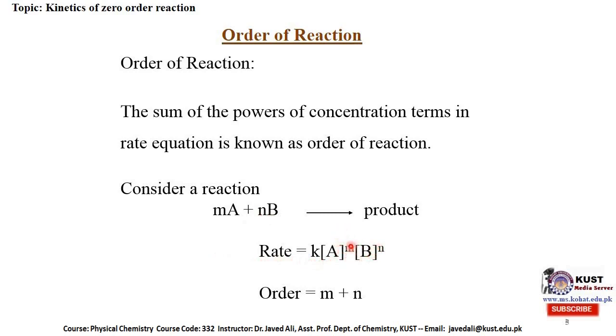So m represents the order with respect to the concentration of reactant A and n with respect to reactant B. The order of reaction with respect to A is m and with respect to B is n, and the overall order of this reaction is m plus n, as we already mentioned that the sum of the powers of concentration terms is known as order of reaction.